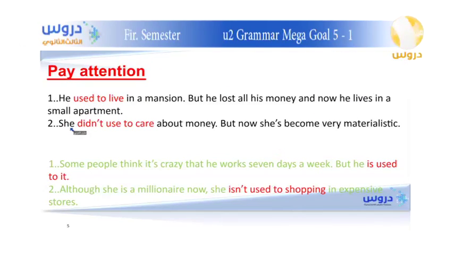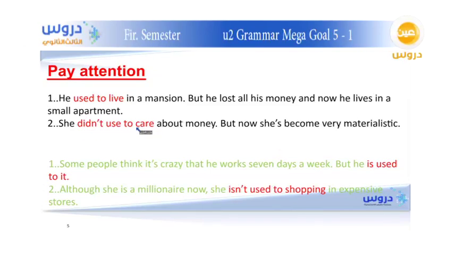The second sentence: she didn't use to care about money, but now she has become very materialistic. Here the second use of used to is when you want to talk about a habit, or one of a person's qualities, that he used to have in the past, but now he is not doing anymore.